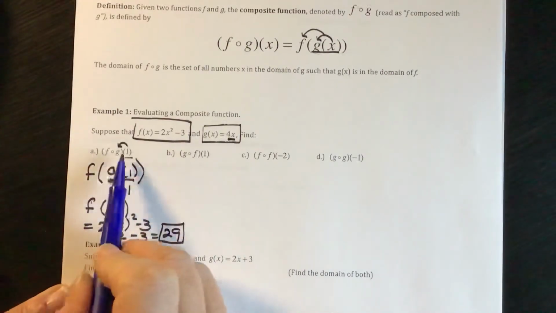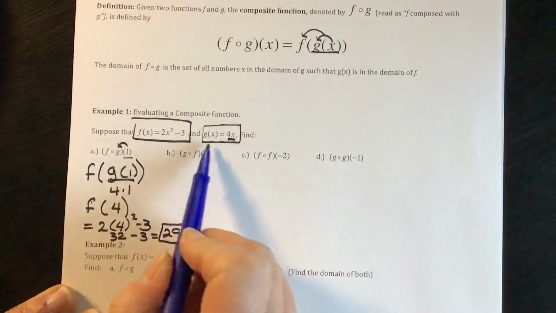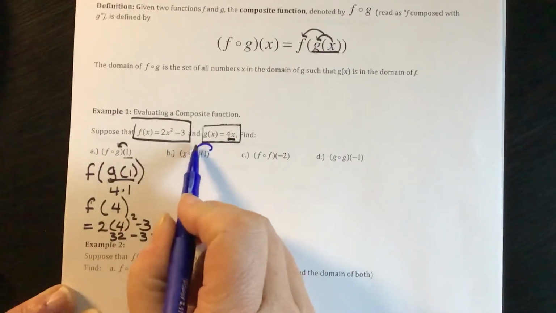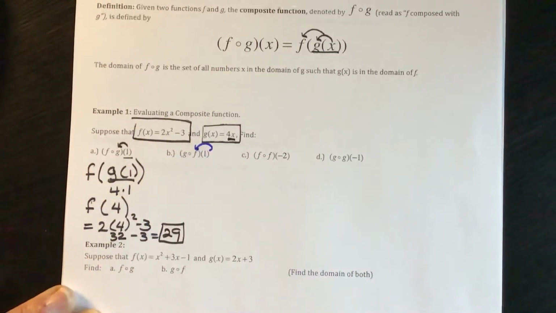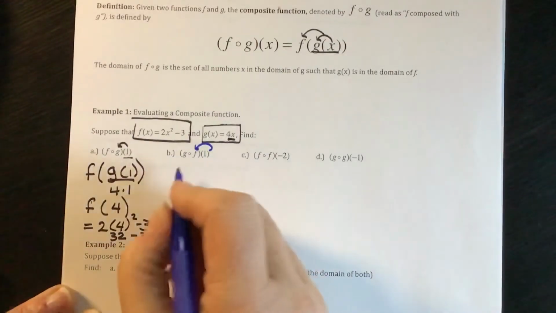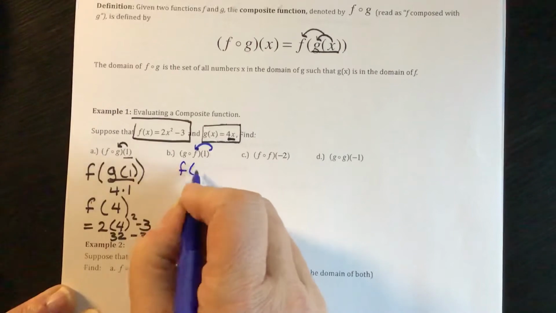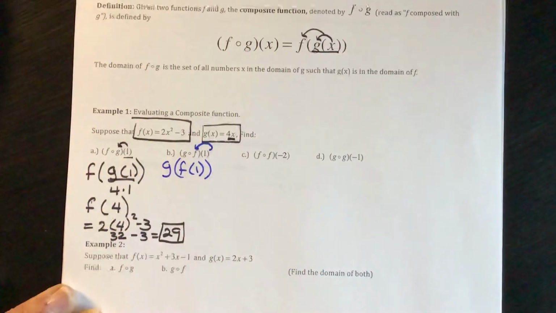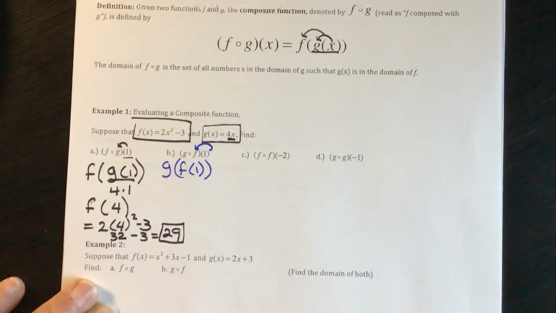Now we're switching it around. I'm going to take 1, and I always work backwards or to the left. I take my variable, and this time I'm plugging it into the f function. So I'm finding f of 1, and whatever value that is, I'm going to plug it into the g function.